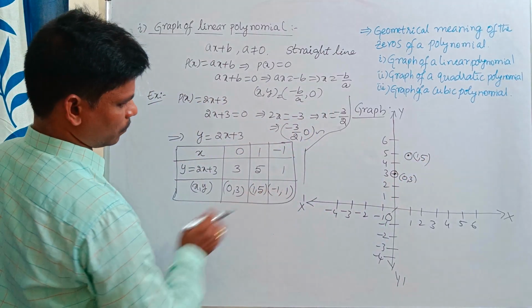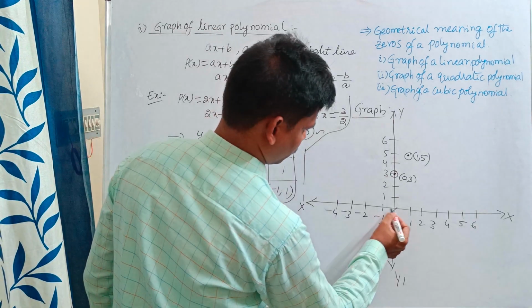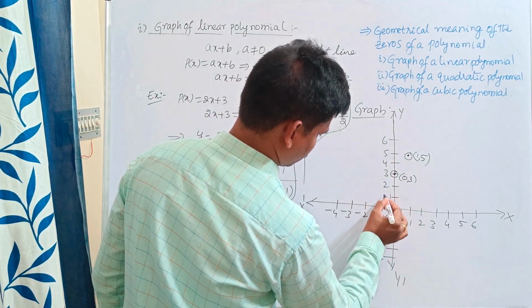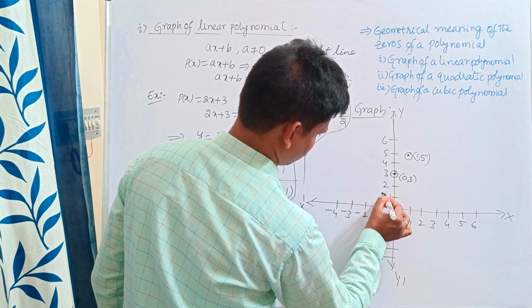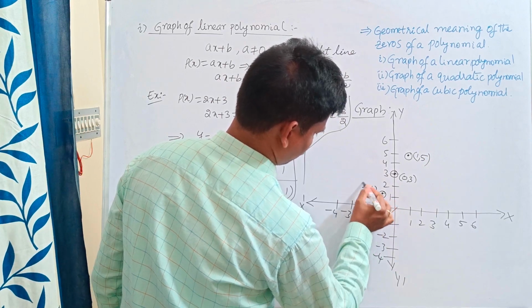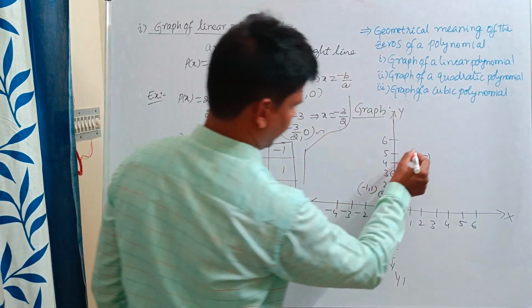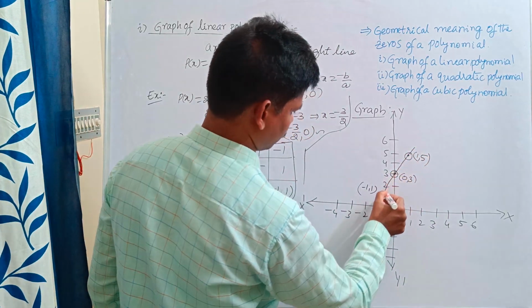Next, minus 1 comma 1. Now join all the points. What will happen?